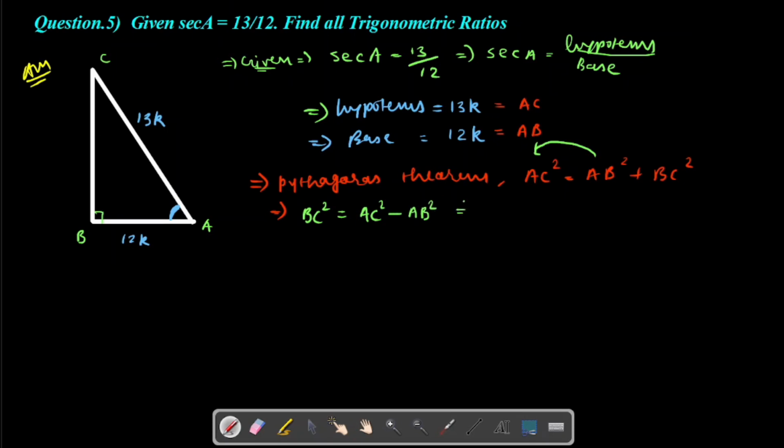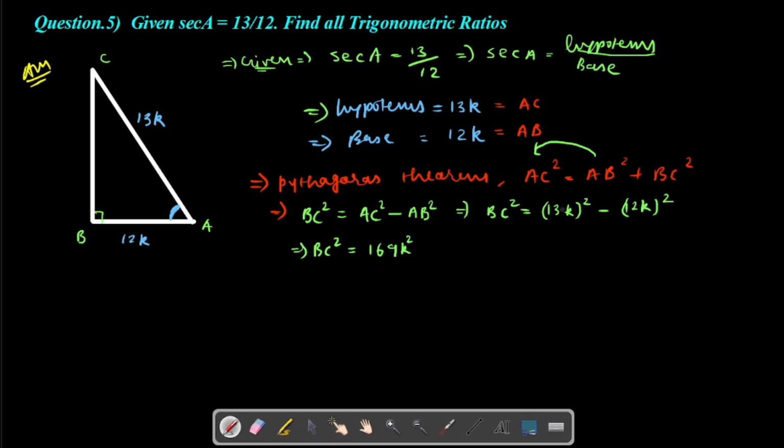Now BC square is equal to what? We put in the values we already found. AC is equal to 13k, so it is 13k whole square, minus AB square, which is 12k square. Similarly, BC square is equal to, what is 13 square? 13 square is 169, and k square.